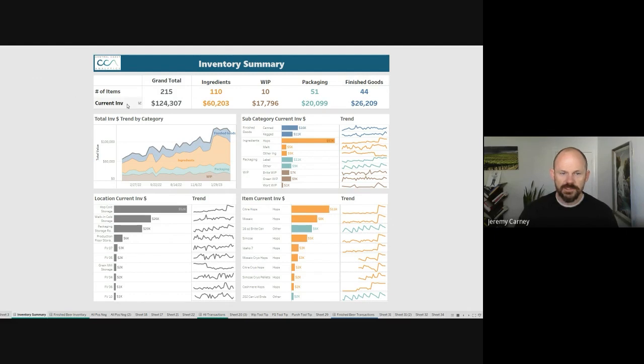And then what we're doing is we're showing the total amount of dollars. So in this case, because we're comparing items in different categories, it can be difficult to look at individual quantities across categories, like a single hop is different than a finished keg, right? But they would both count as one.